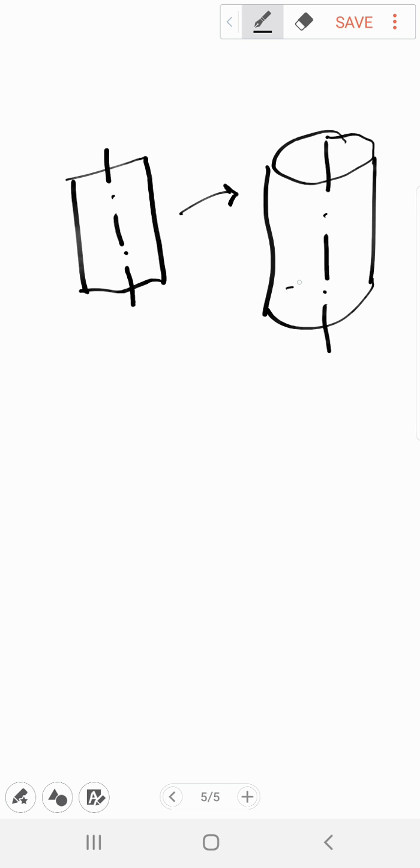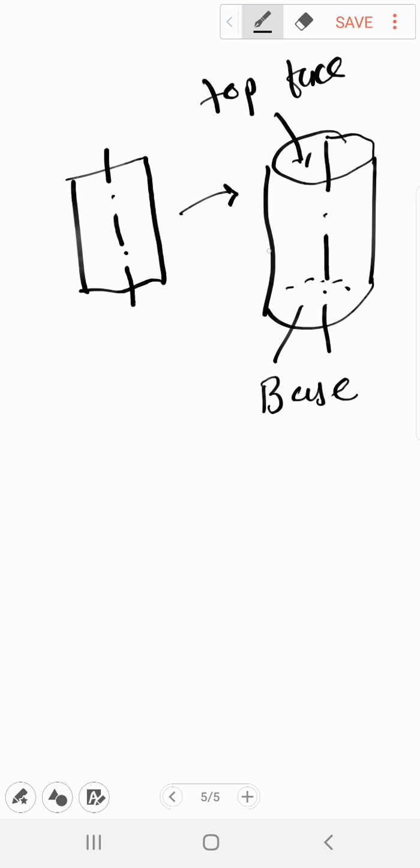So in a cylinder, we have a circular base, a top face, and the straight edges, which we call generators. Again we will have an infinite number of generators in a cylinder, and the line about which it is rotating is our axis.